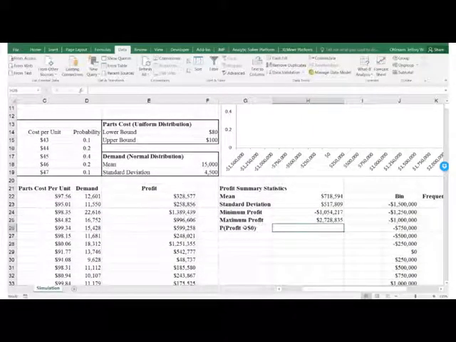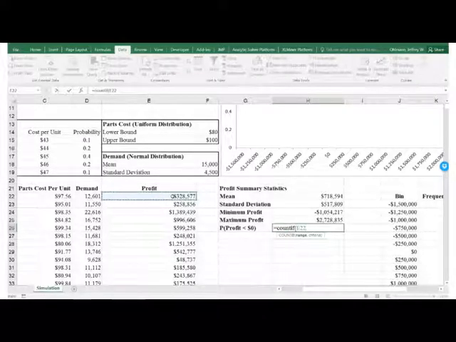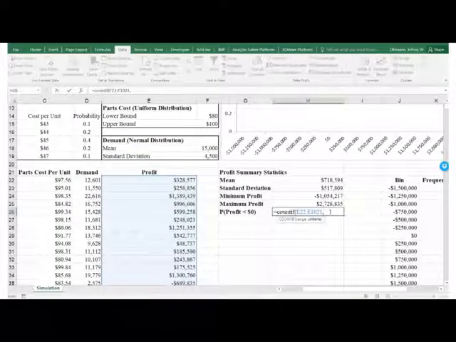In this particular case, we could compute the probability that the profit was actually negative using a COUNTIF function. In a COUNTIF function, we highlight the range that we would like to count over and then supply the criterion. In this particular case, we are interested in less than 0.